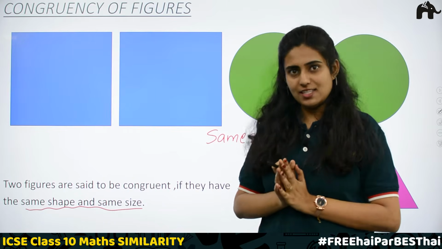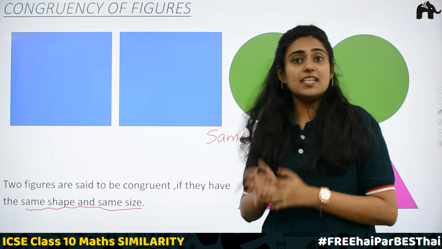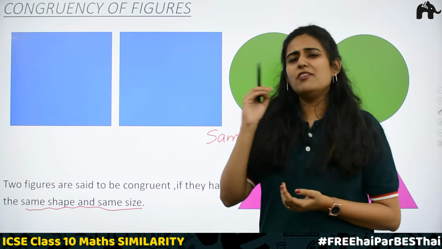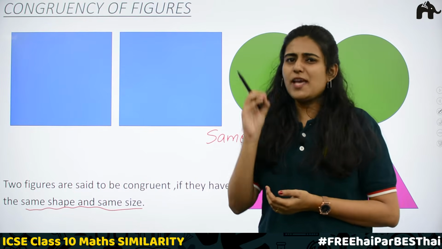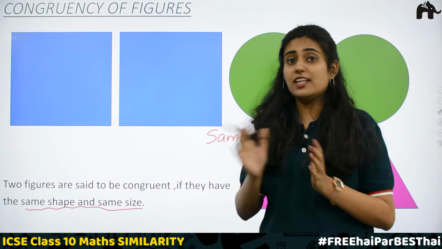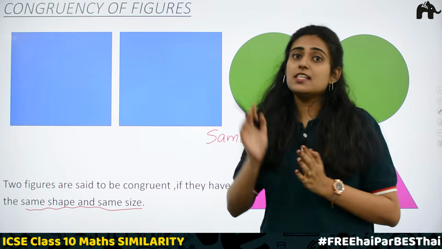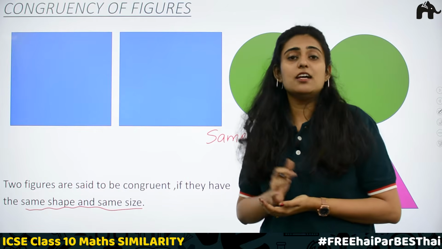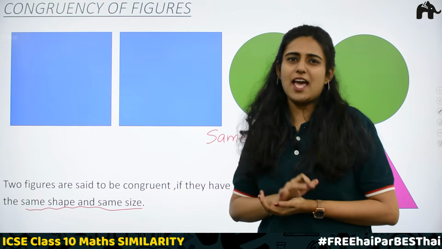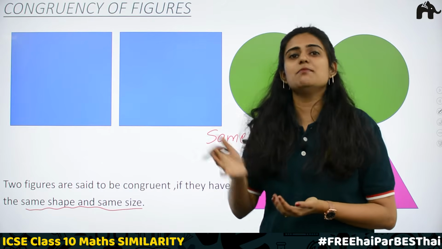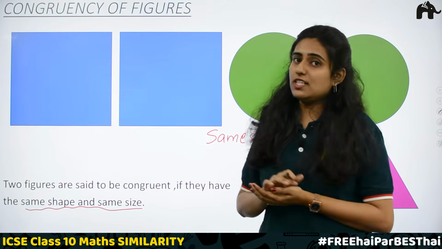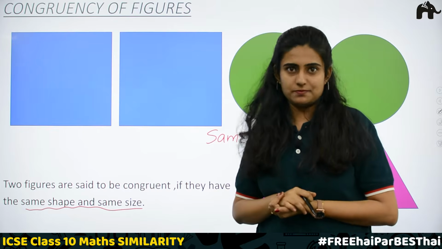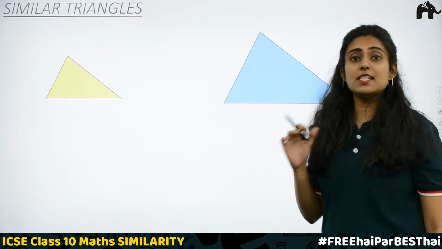Everything is the same, the shape, size, everything. But when you take fraternal twins, they will have some similarities. They are not identical. The size may be different, their eye color may be different, but there are some similarities in them. So they are similar, and the identical twins we take as congruent. Got it? We understood what similar figures are.